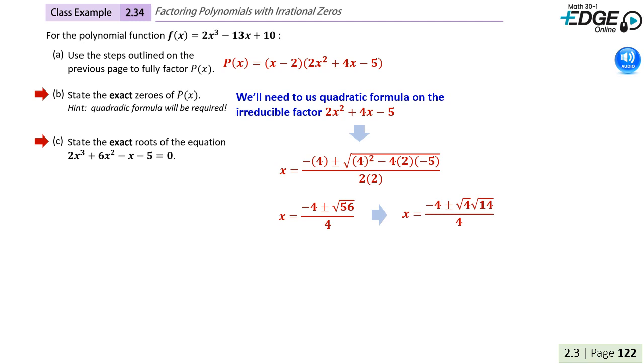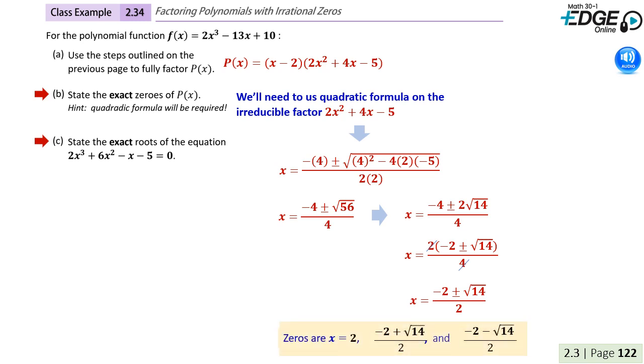Notice that our radical, root 56, can be simplified into a mixed radical. At this point, we have a common factor in the numerator, which simplifies with the denominator. This has given us 2 different exact zeros for our polynomial function.